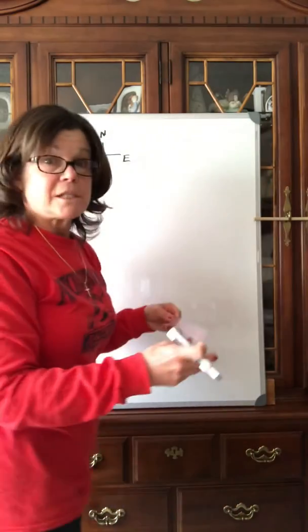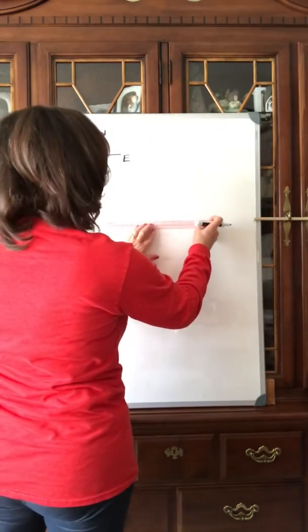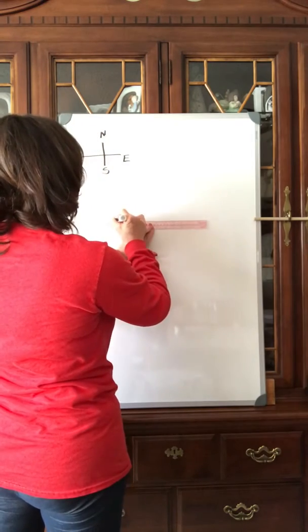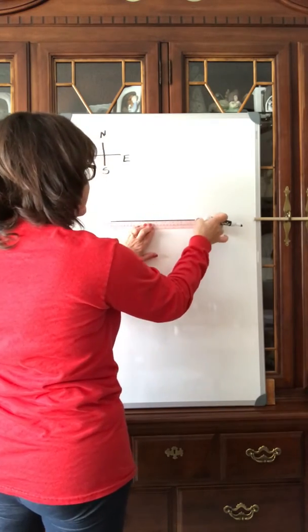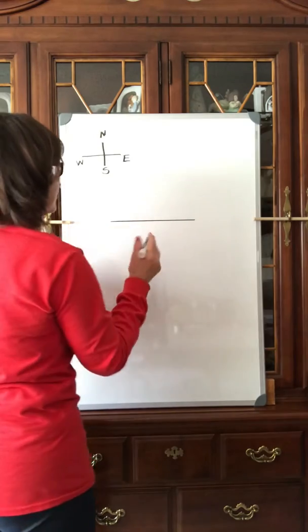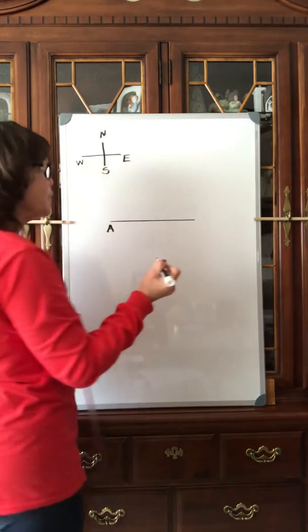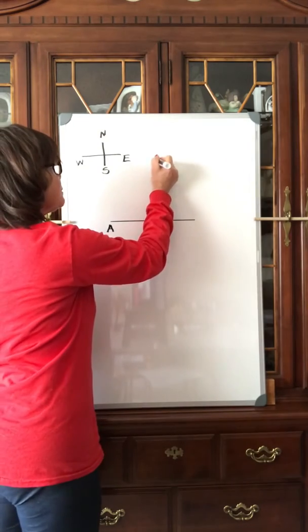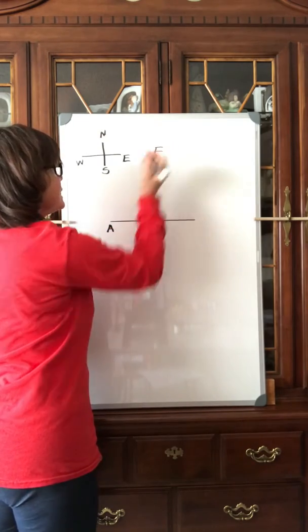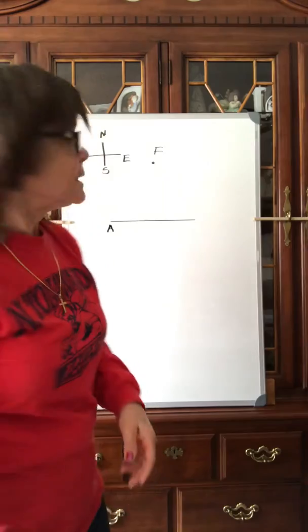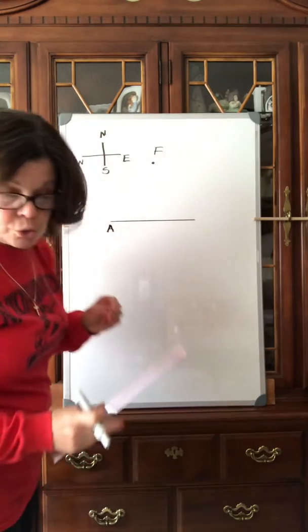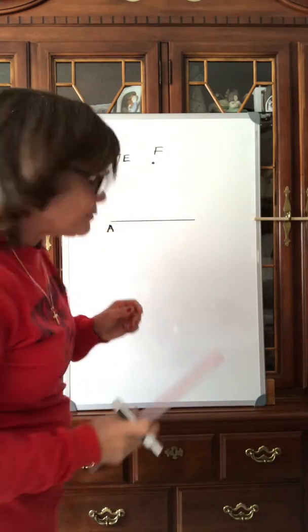I'm going to try my best to do a good drawing. So you have this forest ranger on a straight road, and we're going to say this is our forest ranger A, sights a fire. Let's say that this point up here, we'll call this F, is our fire, and it's 32 degrees east of north.